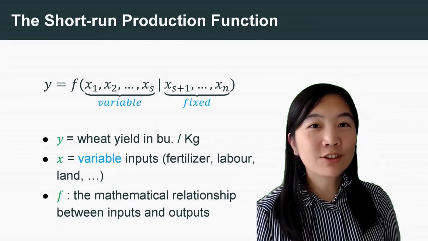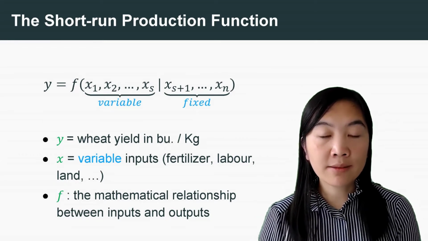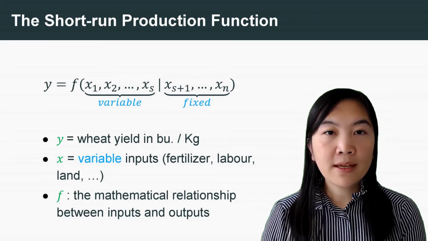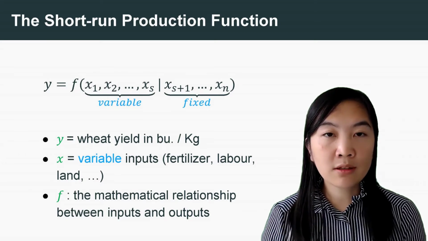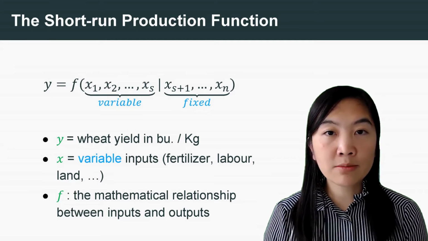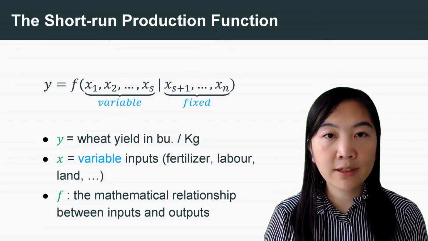We write the short run production function slightly differently from the long run one. Instead of having all of the inputs variable, which is the long run case, in the short run, some of them are variable and some of them are fixed, and we need to differentiate between them.